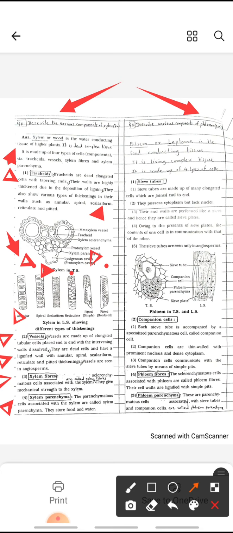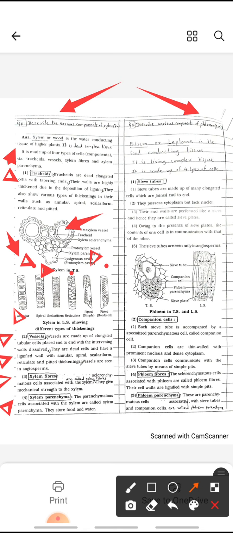They also show thickening like annular, spiral, scalariform. Vessels are present in angiosperms. These are metaxylem vessels, meaning large size xylem, metaxylem vessels.